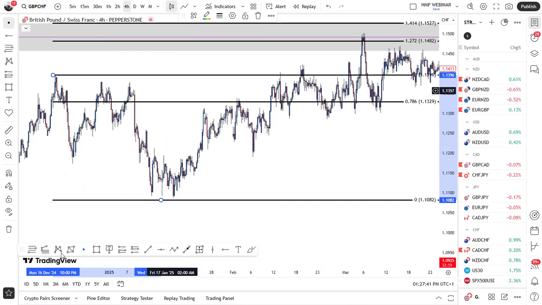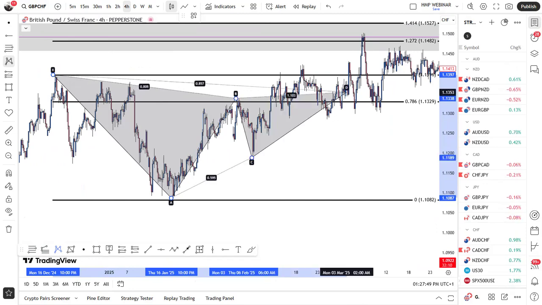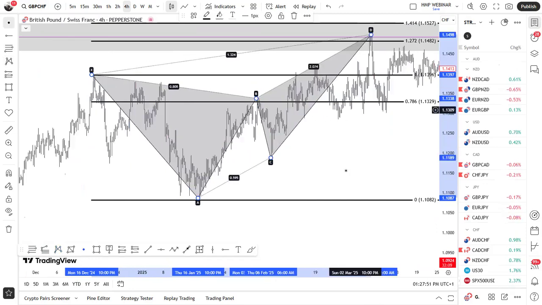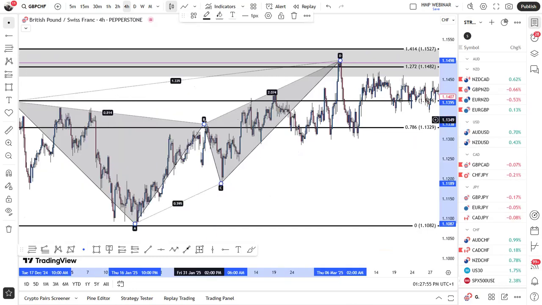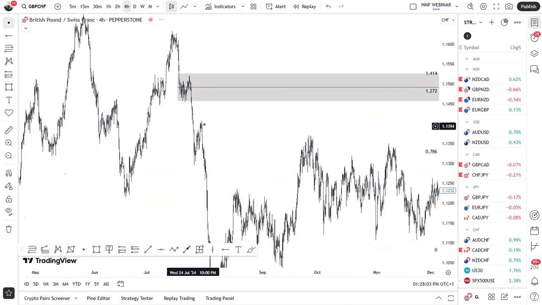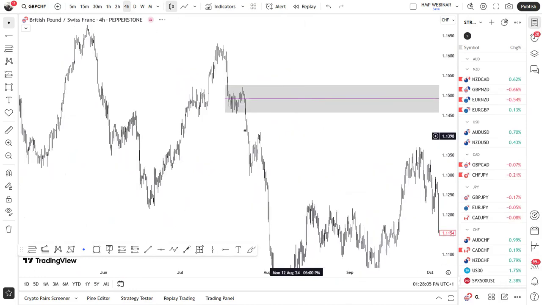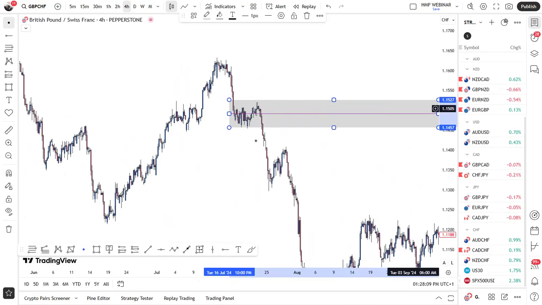So we had this setup from here to this low, which is 0.886, and into this level. This was the setup. Okay, so we have this key level. Now you can see how clean this key level is.